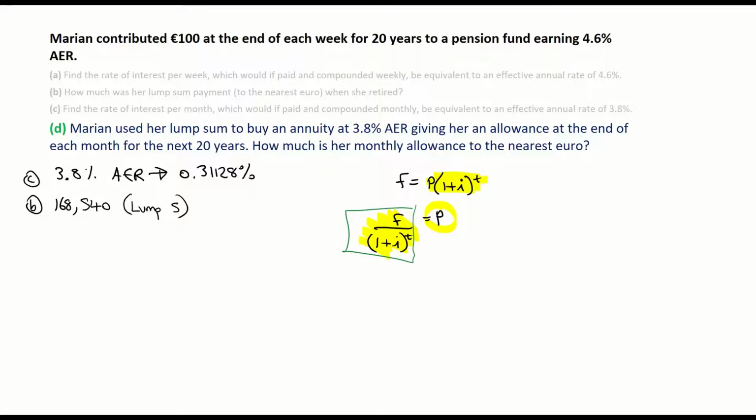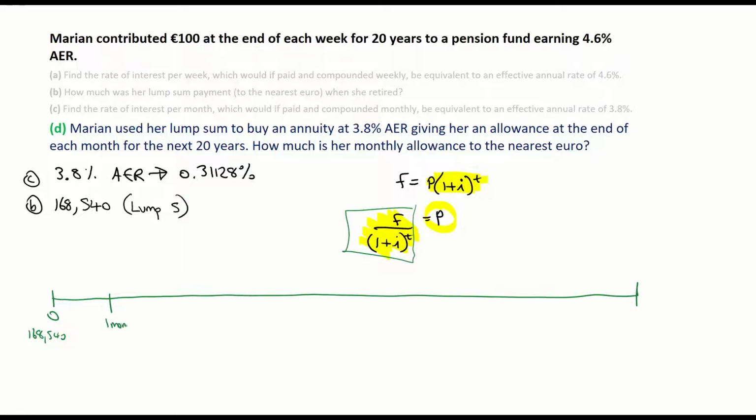Now, like my savings, I'm going to do a number line here to see what's happening with Marion's lump sum. So she's starting off today. We'll just call it 0 time. And this is her full money of 168,540 euro. That's what she's starting off at. And she wants some payment after each month.